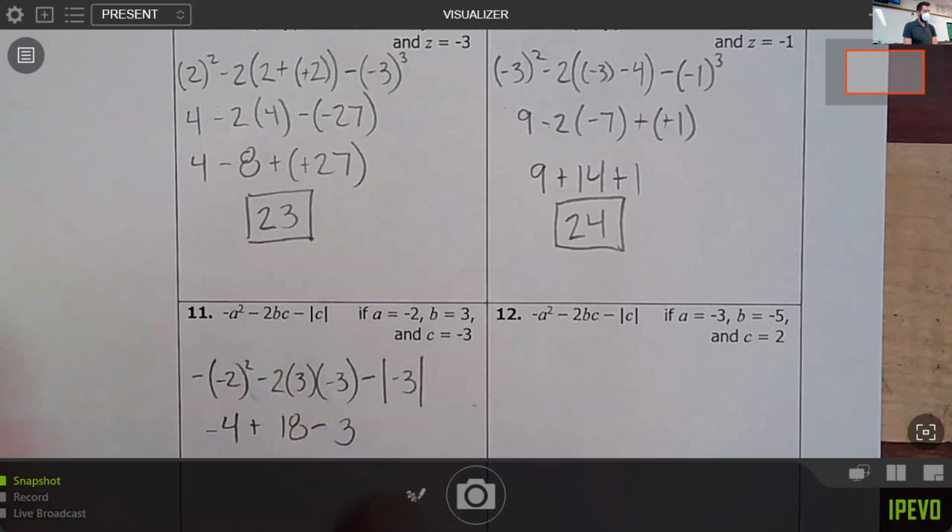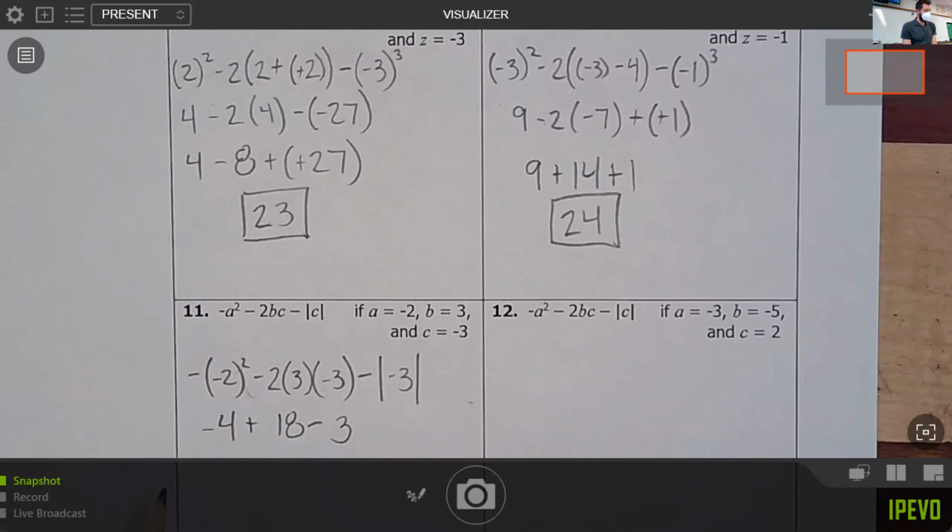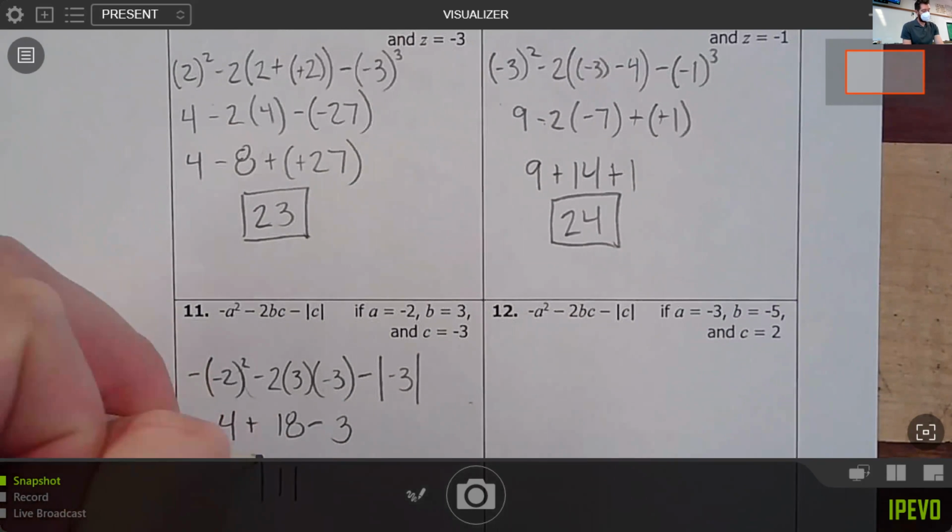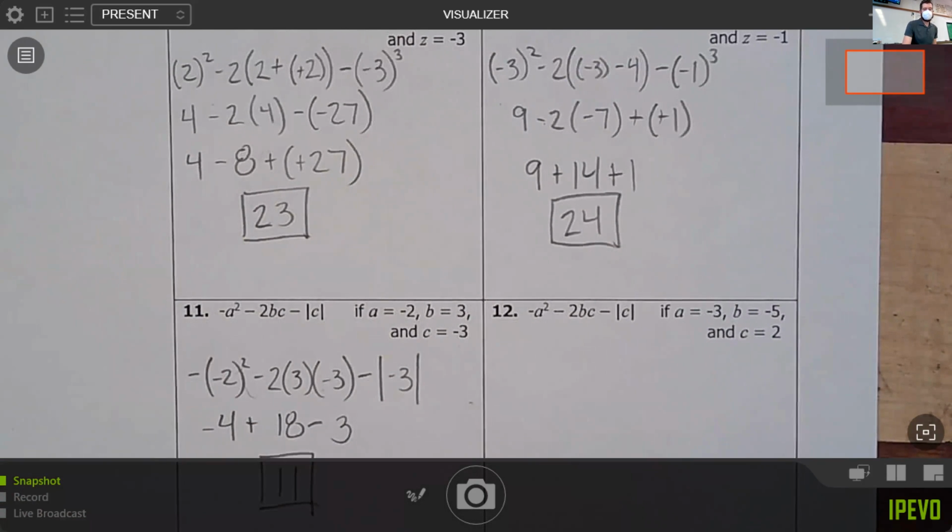So that'll be negative 4 plus 18 minus 3. So then we just do the addition and the subtraction. Negative 4 plus 18 is 14, and 14 minus 3 is 11. So number 11 equals 11.